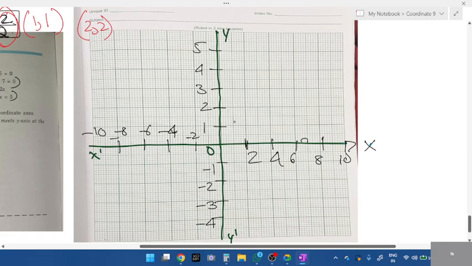Just plot it. Look here. 1 comma 1 will be here. 2 comma 2 is here. This is the answer. Right?